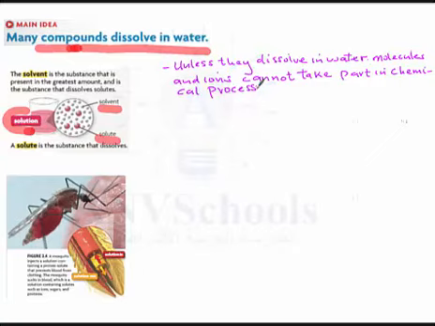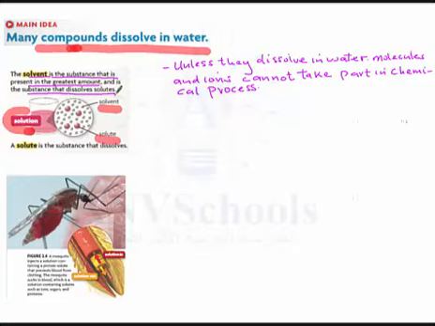We will now look at the composition of a solution. The solvent is the substance that is present in the greatest amount and is the substance that dissolves the solute.